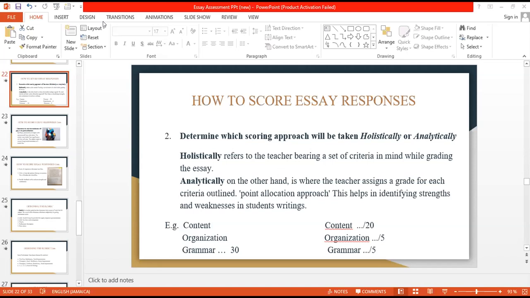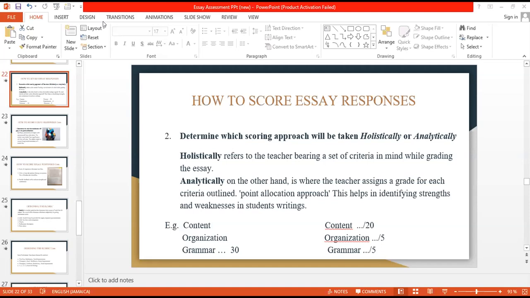So they just read through, they're not taking it apart and saying, okay, I'm going to give 5 marks for introduction, or I'm going to give 10 marks for how they explain. They don't assign a specific grade to specific items. They just grade it as a whole.